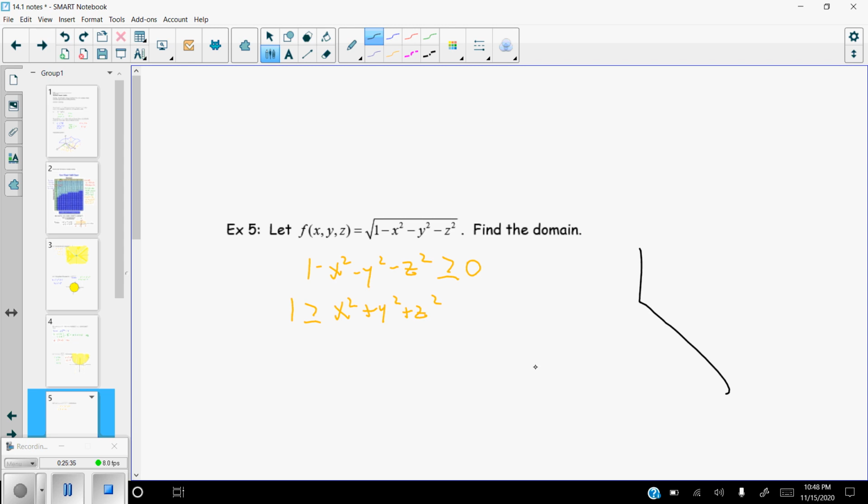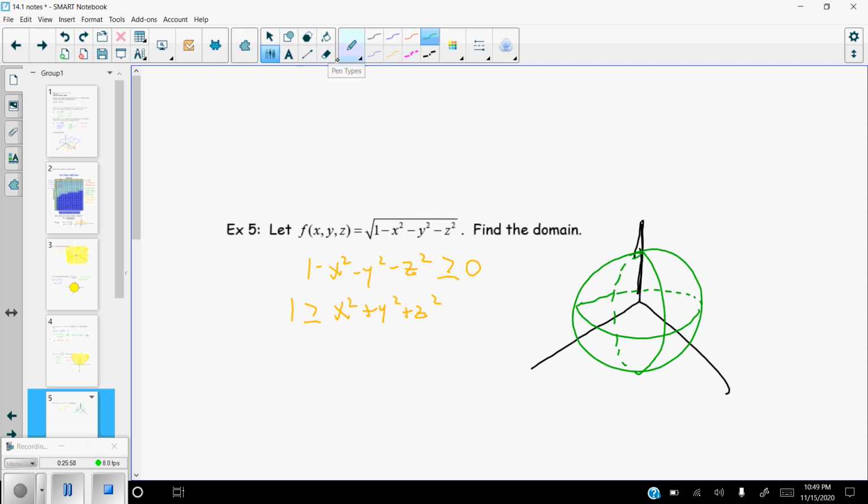So what that tells me is that my domain is everything inside of a sphere of radius 1. So it's going to look something like this, and then something like this. There's your sphere. I don't know if I can fill it. I'll have to try.